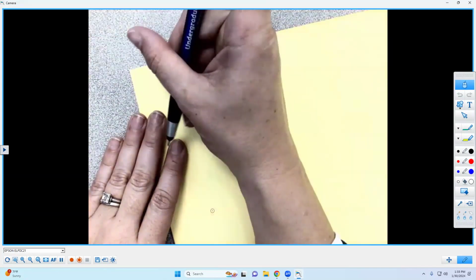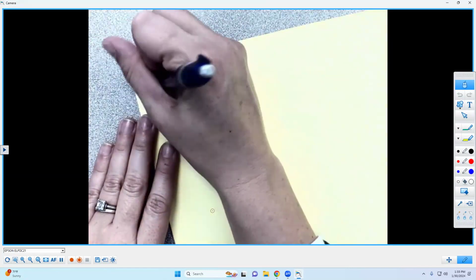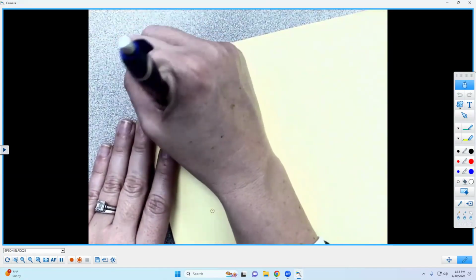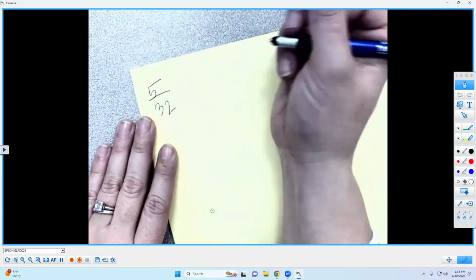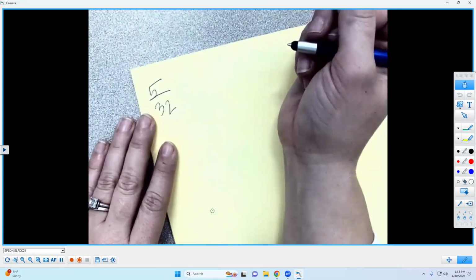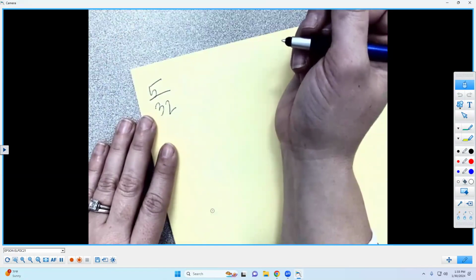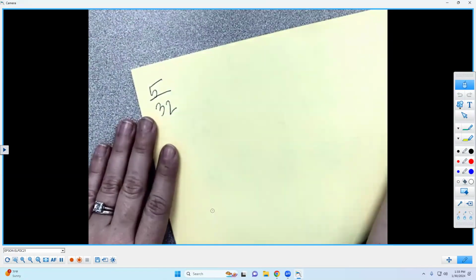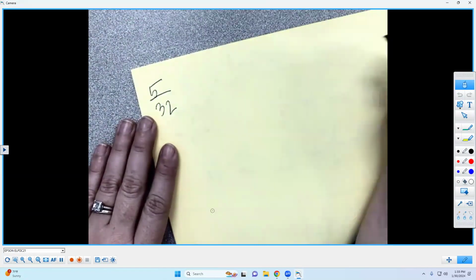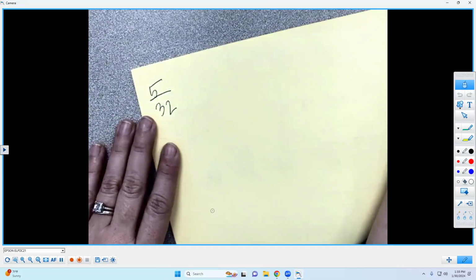So if we had the problem 5/32, figure out which unit fractions are on either side.